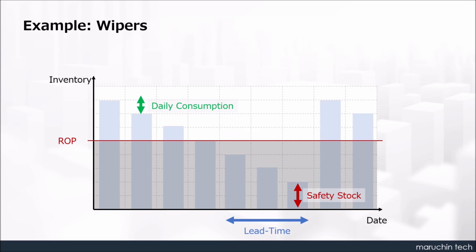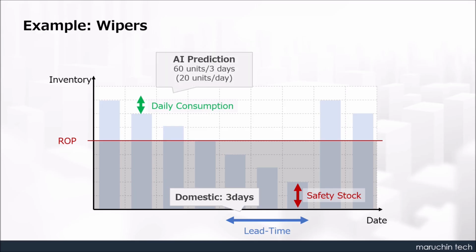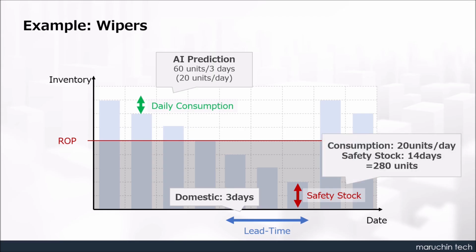First, let's look at the example of wipers. Since wipers are domestically sourced parts, the procurement lead time is 3 days. Suppose our AI predicts a daily consumption of 20 units based on past dates and weather data. Since safety stock is set to 14 days, that serves as a baseline of 280 units.